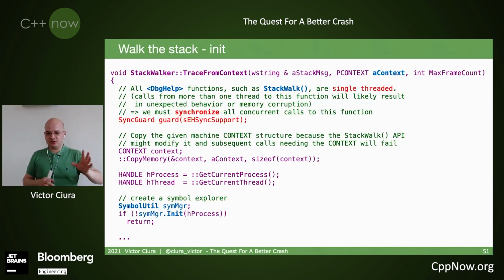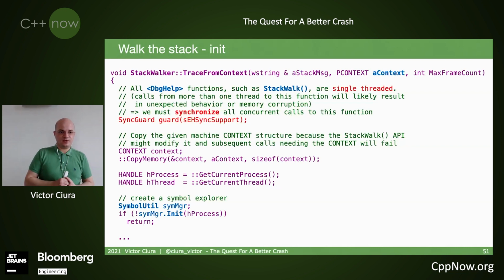You need a synchronization mechanism here, whatever you want to roll, maybe your own or something standard. But either way, you have to be careful when you're dealing with multiple threads. If you access these functions from multiple threads, you need to protect access to all Debug Help APIs, just to be aware. Otherwise, bad things will happen.